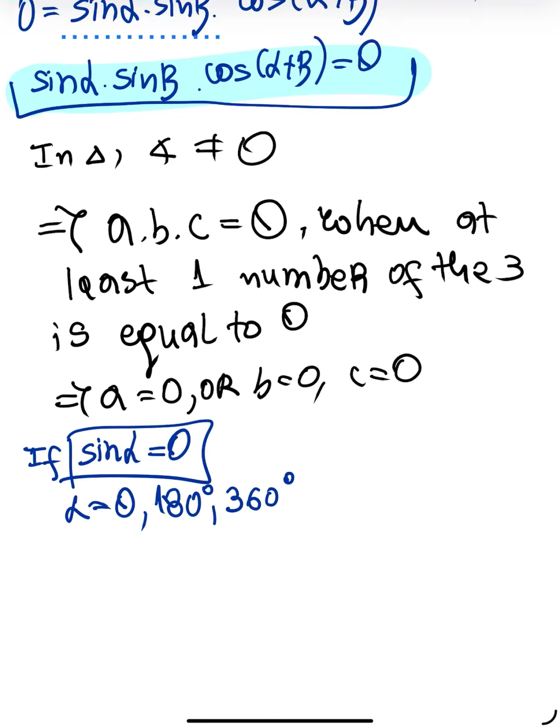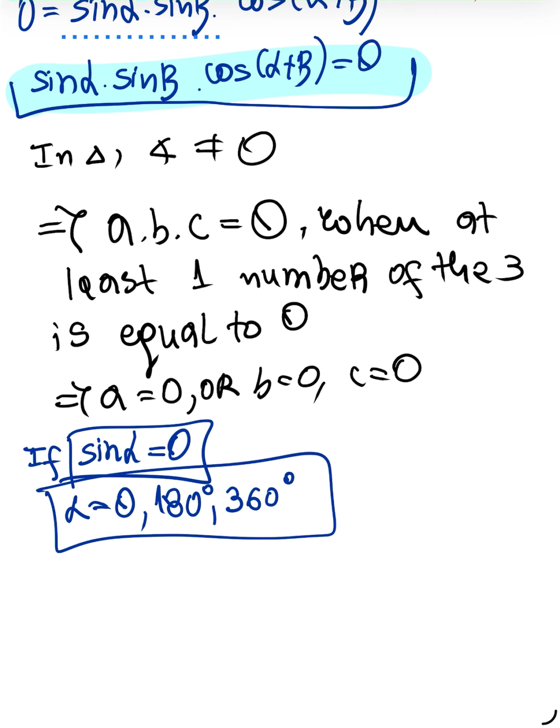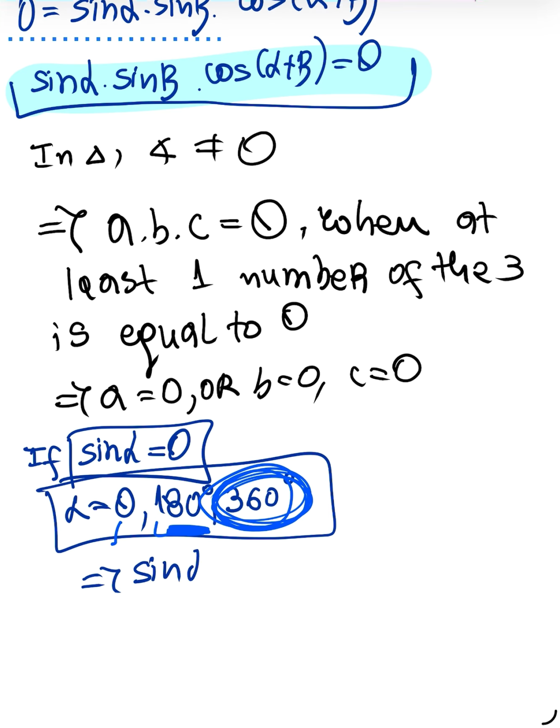But in a triangle, none of these is possible. We can't have an angle equal to 0. We can't have an angle equal to 180. This is even out of our possible maximum, because the maximum is 180 degrees. So this is not possible. Therefore, sinus of alpha is different from 0.